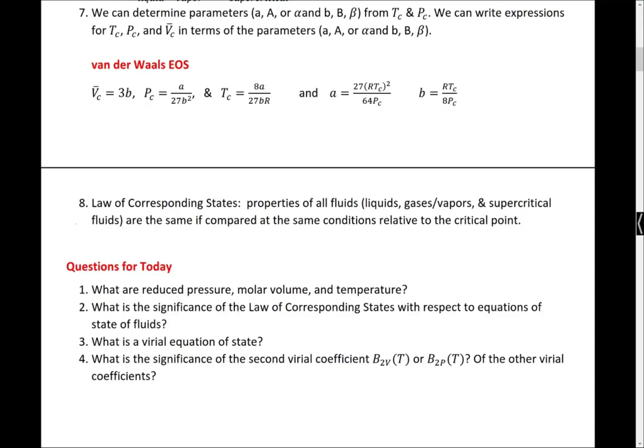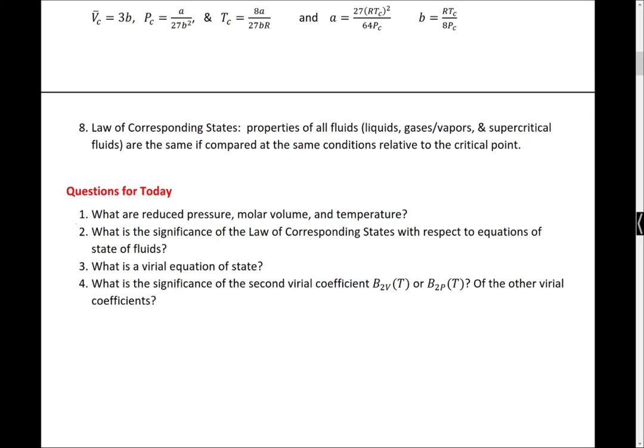I've done a quick rearrangement of that. That tells me that the pressure times the molar volume at the critical point is 3/8 RT_C. We're going to use that identity today in one of our derivations. Right? So just keep that in the back of your mind. Okay, so one of the things that we've pointed out is that we're talking about being at the same conditions relative to the critical point, so we need to describe what that means. Right?